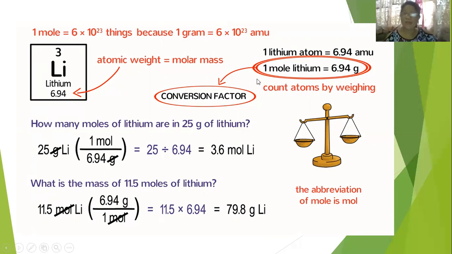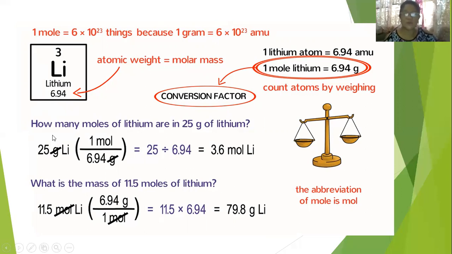Or we can have a conversion here that in 1 mole of lithium, that is equivalent to how many grams? That is 6.94 grams because of our molar mass. Therefore, this molar mass here will be our conversion factor. This is the same as counting atoms by weight.